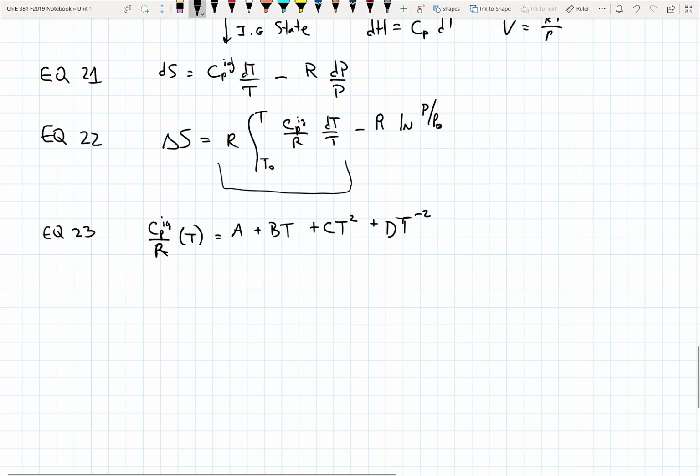And the integral that we're trying to evaluate now, this one is similar to what we did for enthalpy changes. The main difference for this entropy change is that we have the 1 over T in the integrand. So what we're going to do next then is we're going to look at that integral.